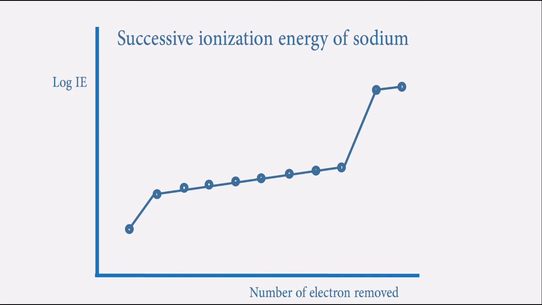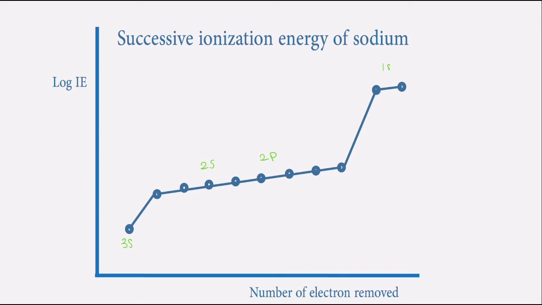So here we have the successive ionization energy of sodium. And this can be broken down into here the 3s orbital. Here we'll have the 2s and the 2p orbitals, and up top the 1s. As we can see, the ionization energy of sodium is lowest for the 3s shell.